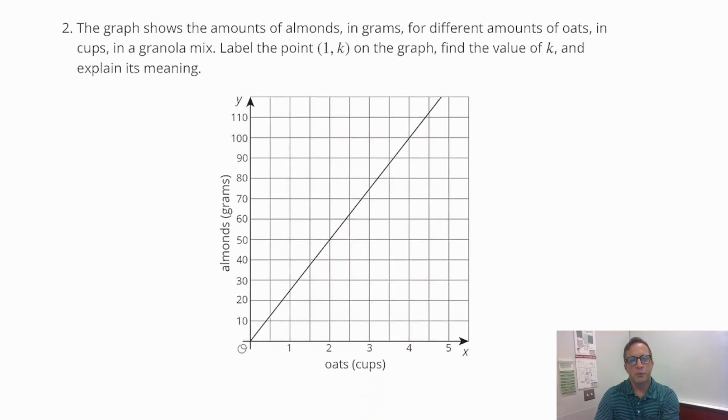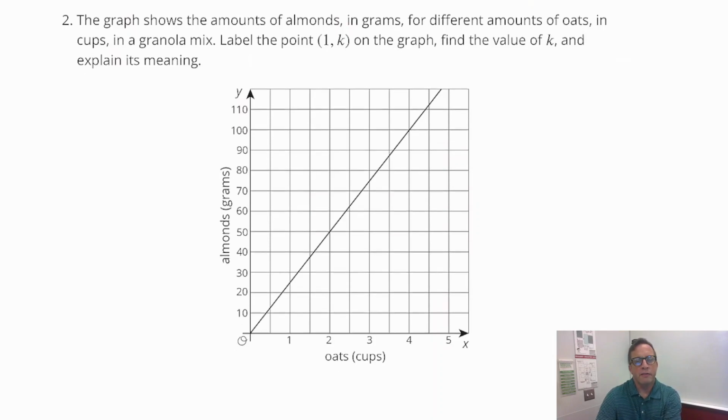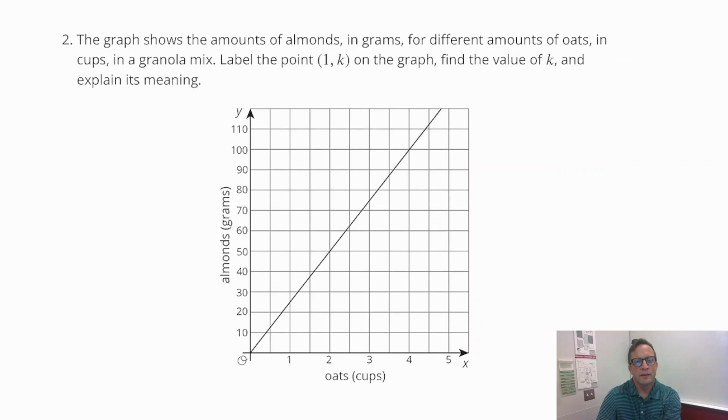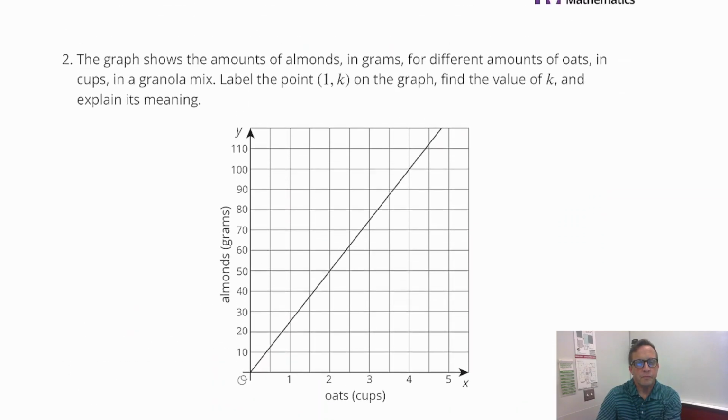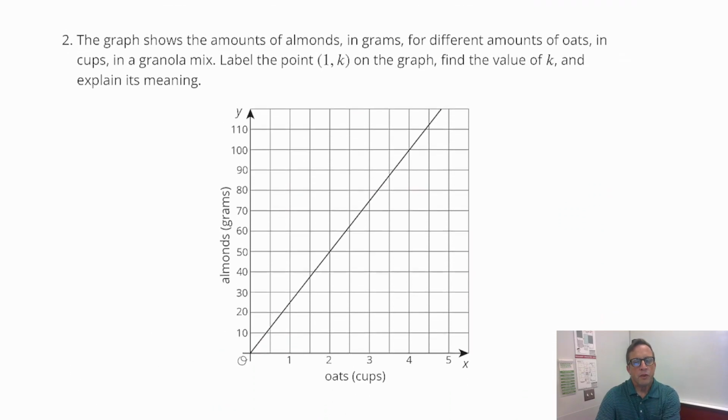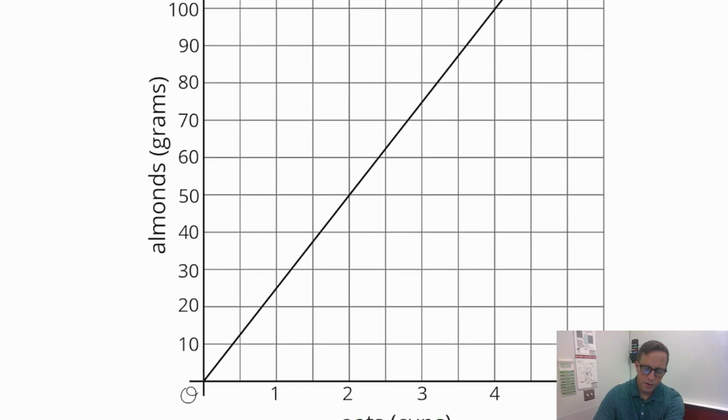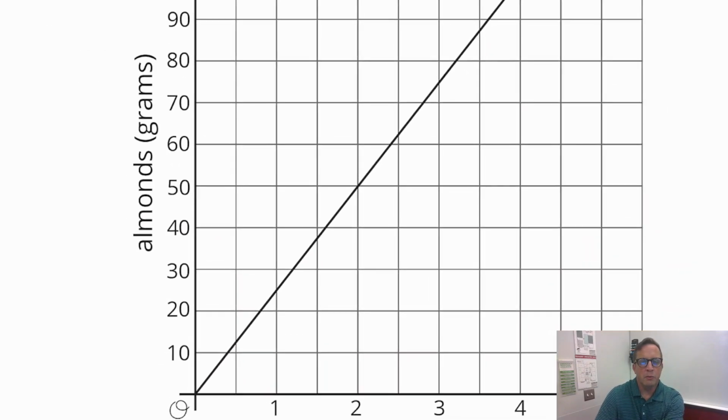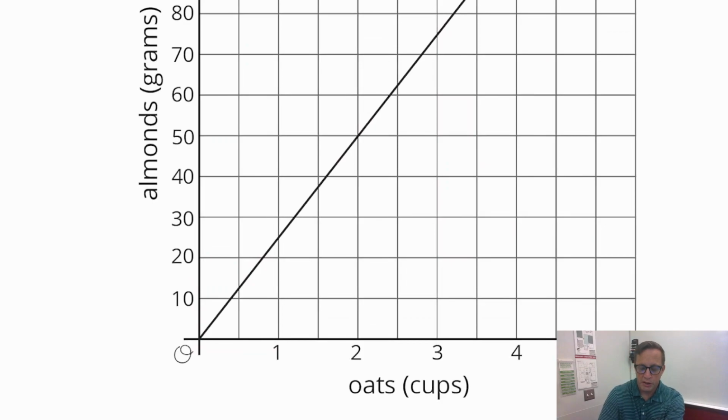For number 2, this graph shows the amount of almonds in grams for different amounts of oats in cups in a granola mix. Label the point 1, K on the graph, find the value of K and explain its meaning. So it basically wants us to find the constant of proportionality.